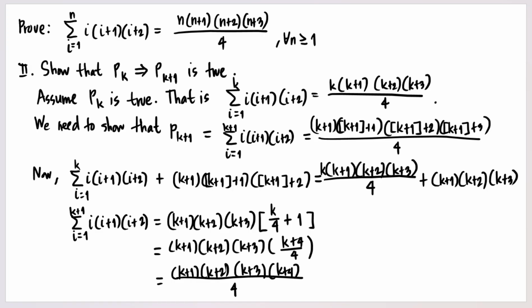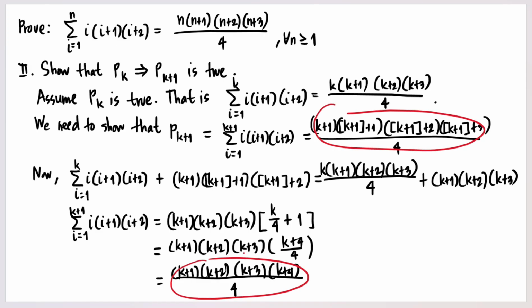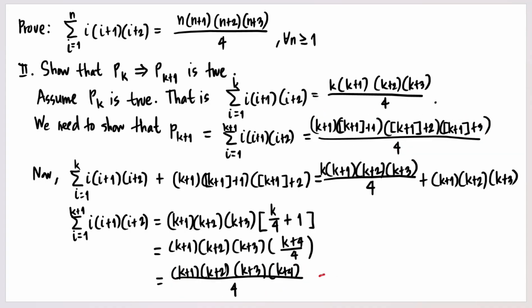If we wanted it to look exactly like this, we could just separate. Instead of k plus 2, we would do k plus 1 plus 1. 1 plus 1 is 2. And k plus 1 plus 2, k plus 1 plus 3, all over 4.